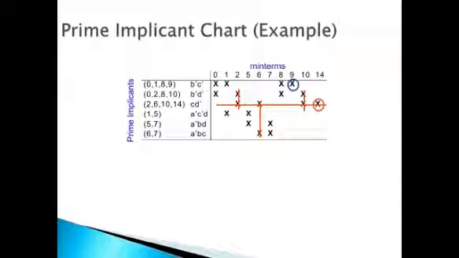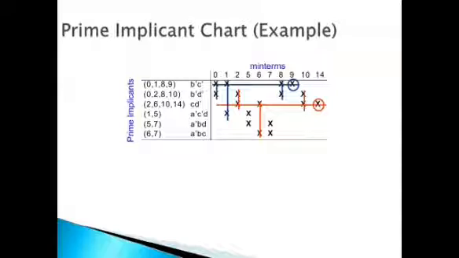Similarly, from the 9 min term, this is giving us the essential prime implicant that is B complement C complement, and this term B complement C complement is touching the min terms 0, 1 and 8.